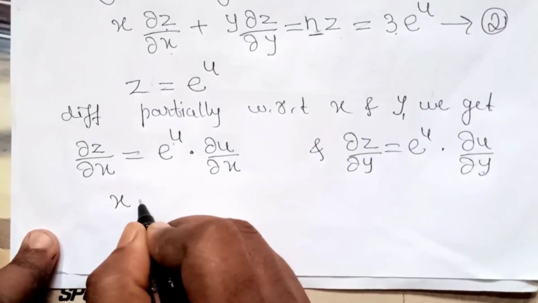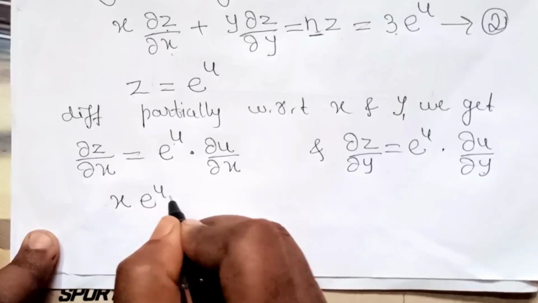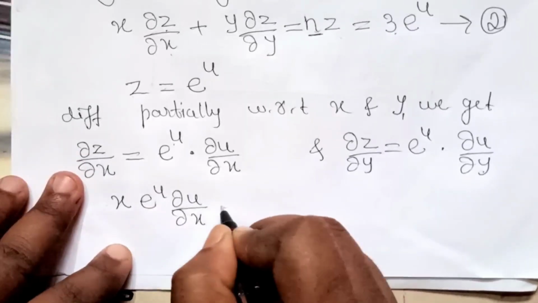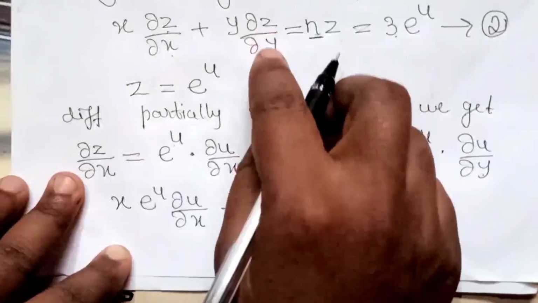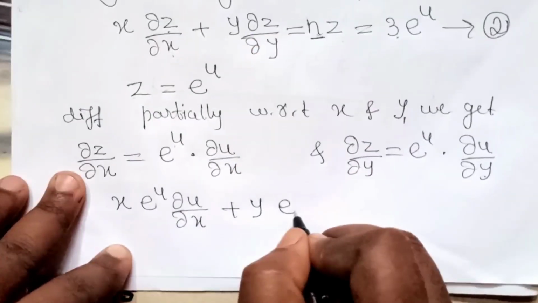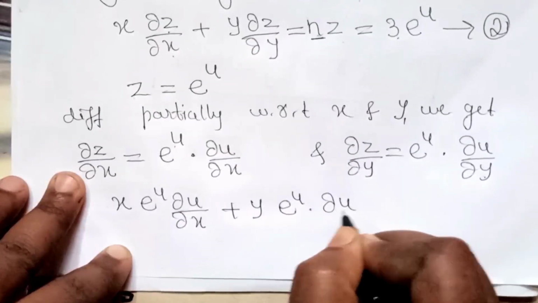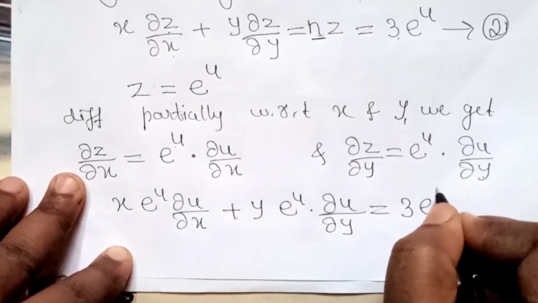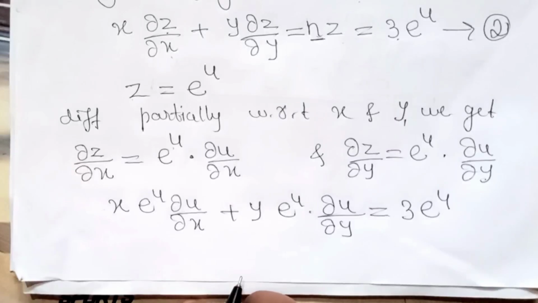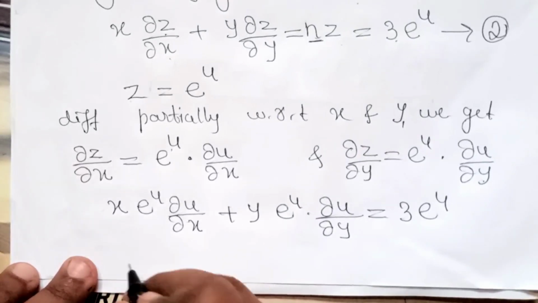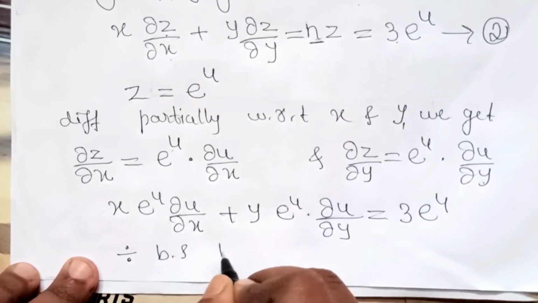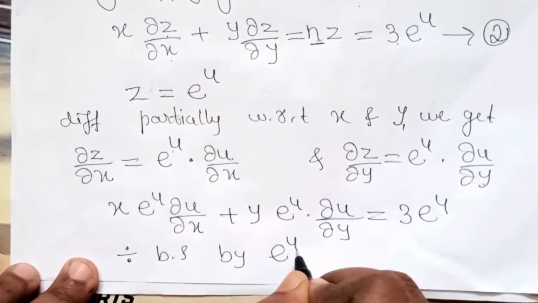x e raised to u ∂u/∂x plus y as it is, ∂z/∂y value is equal to e raised to u ∂u/∂y equals 3 e raised to u.